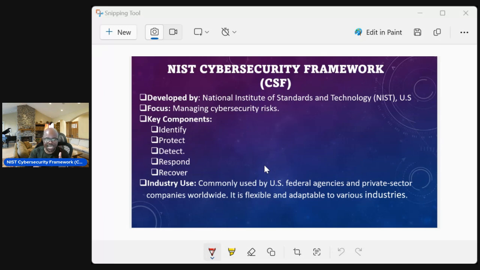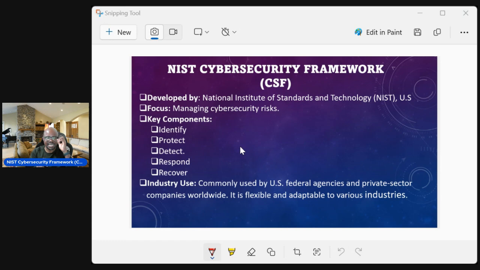And then another key activity is maintenance, followed by protective technology. So these are the 6 basic key activities that need to be performed under the protect component of the CSF framework. Now let's look at the third component of the CSF framework, which is detect.